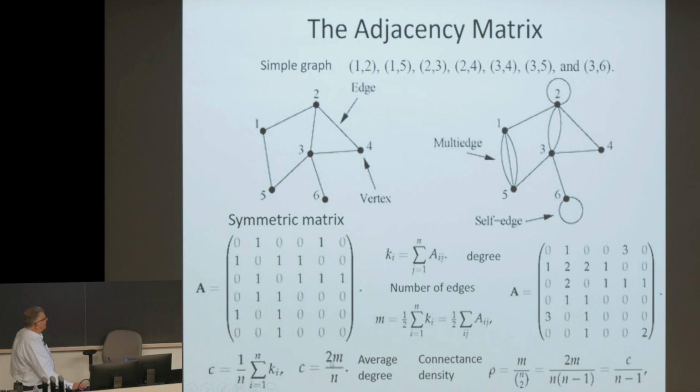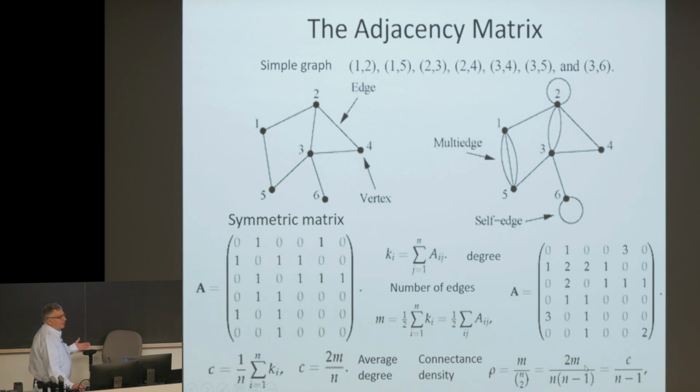And of course, you can define this kind of density of the network, the connectance density, because the complete network would contain just n times (n minus 1) divided by 2 pairs, right? The number of pairs of a set of length n. So usually people work with sparse networks.